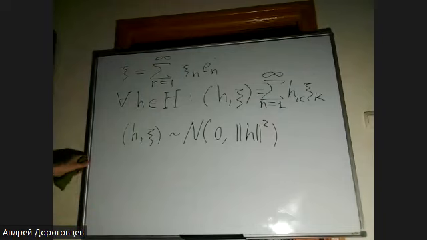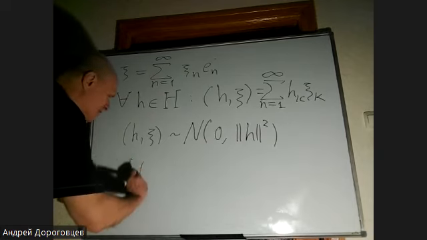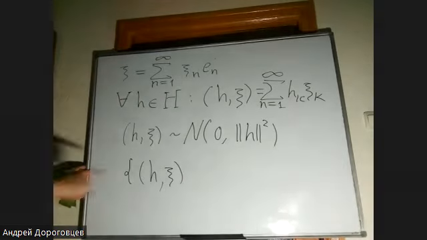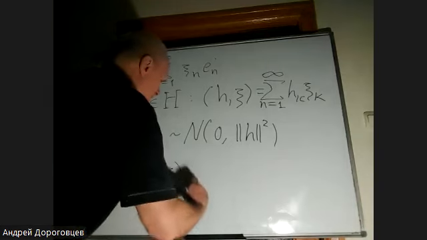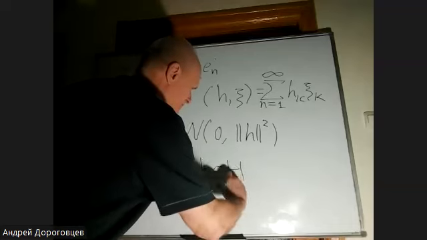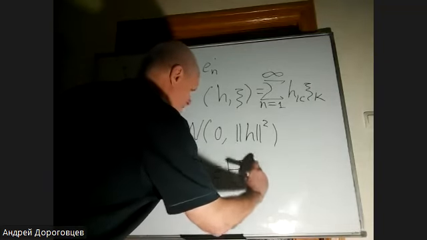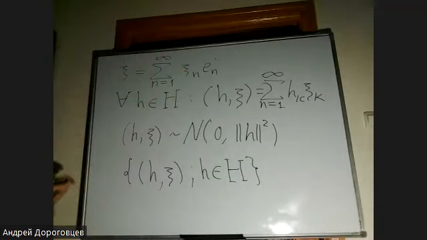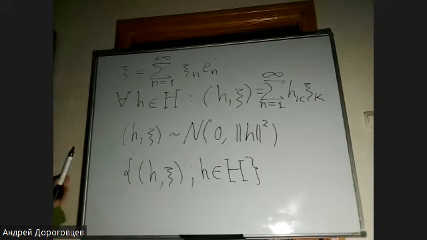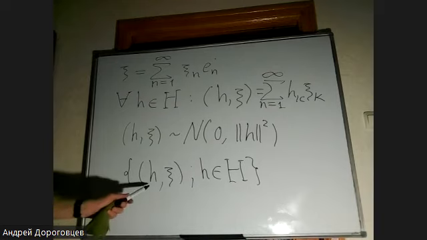So instead of the random element itself, we have a set of its products with the elements of the space H. And it is evident that these random variables are linear with respect to the first argument.